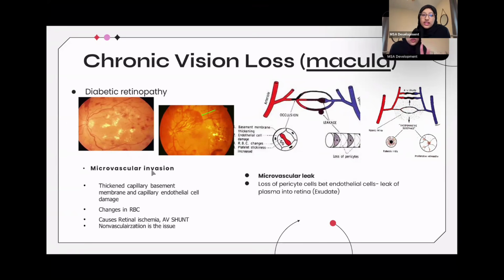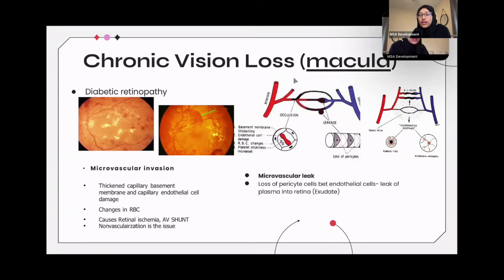So the main two things are microvascular invasion and then microvascular leak. That's all because the vessels are weak and leaky. And then the blood is not able to go through the damaged vessels, right? So that causes ischemia around the area. It causes fluid to leak out. That's another thing. And it causes shunting.